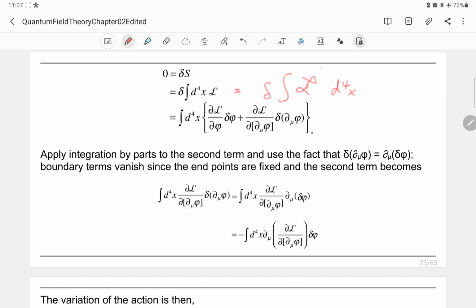And then since this L is a function of the field phi and also of the derivative of phi, the change could be written by this. This is of course equal to 0.